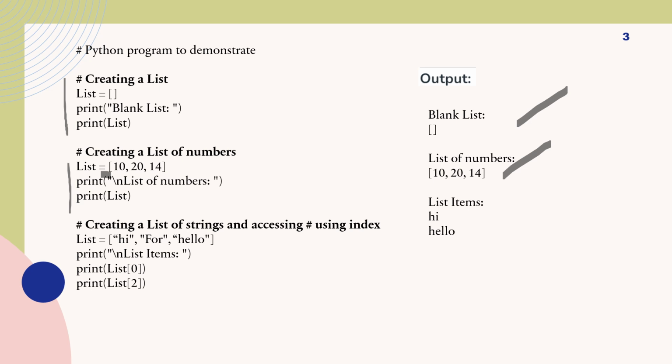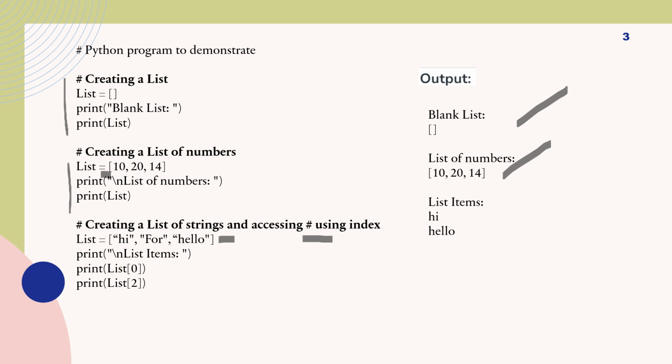We can also create a list of strings and access it using an index. So here a list of strings is created. Hi is a string, for is a string and hello is a string. They are separated with commas and put inside square brackets. If we ask it to print, it will print the items hi, for and hello.